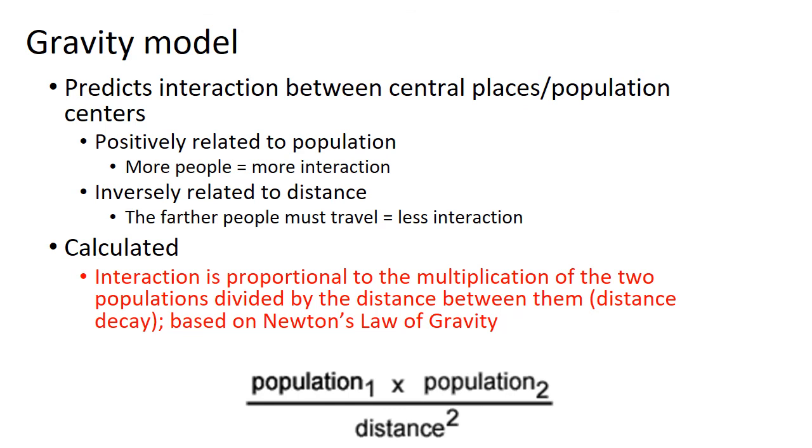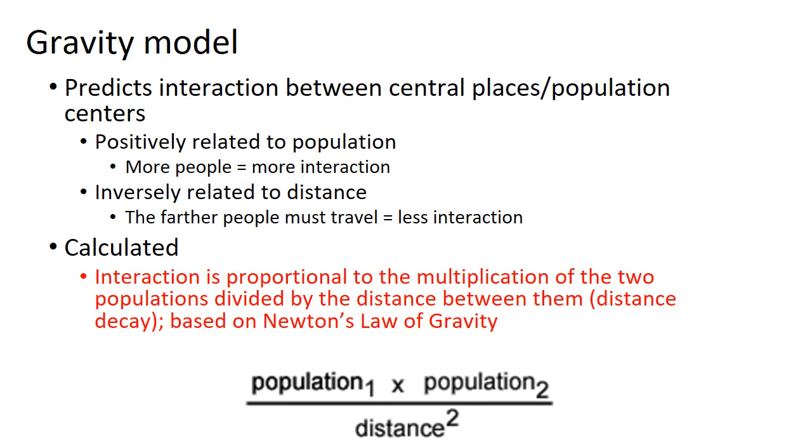Now, interaction between cities can be complicated by some things other than size and distance, right? So places like Las Vegas, Nevada, or Orlando, Florida, Miami, something like that, are tourist destinations, right, that attract a lot more visitors than their size or their distance from other cities might predict, right? People travel to Las Vegas from all over the world because of a bunch of other characteristics besides just how close they are or the population, right?